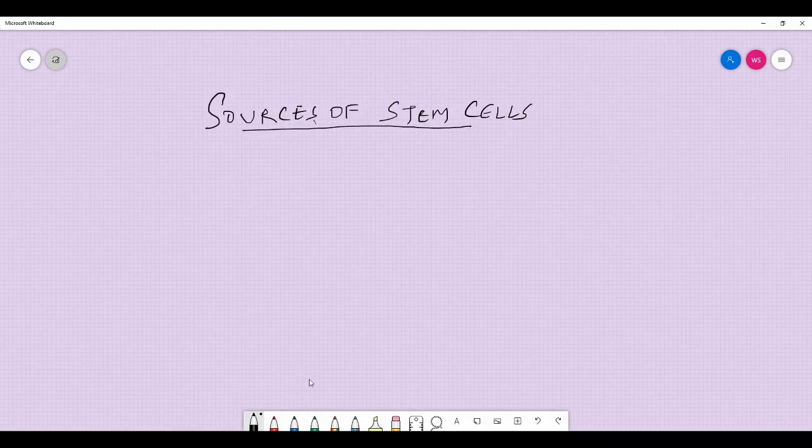For this we need to draw the blastocyst again. We said that it has got a differentiated outer layer of cells. What was that outer layer called? Yes, indeed, trophoblast.